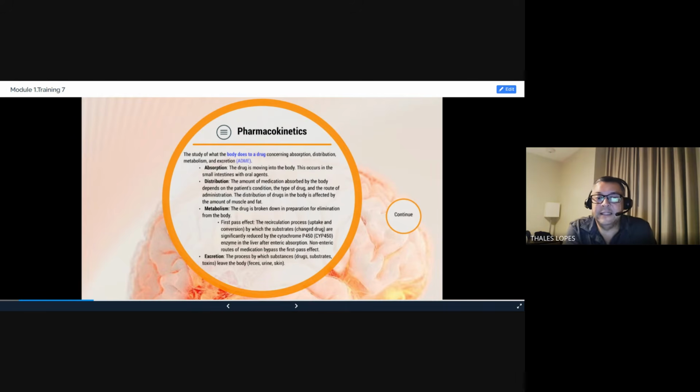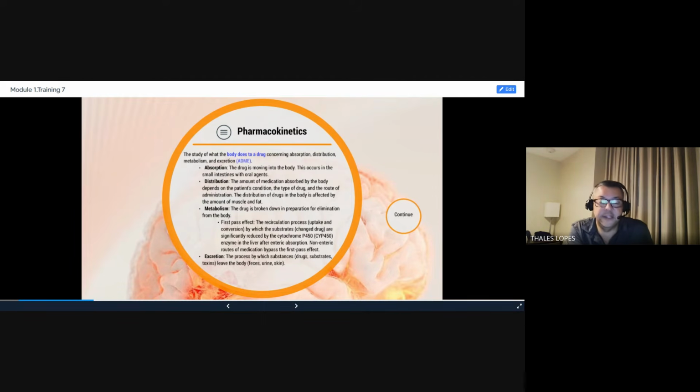Pharmacokinetics, what the body does to the drug. Now, that's too simple, right? If the question is about the drug's absorption, distribution, metabolism or excretion, that is pharmacokinetics, what the body does to the drug.